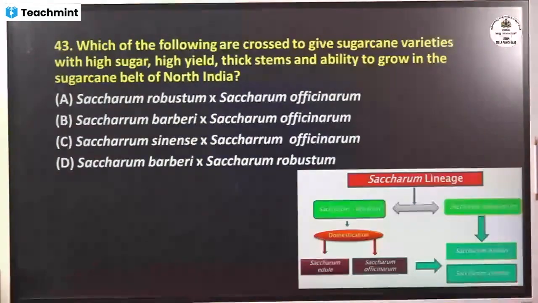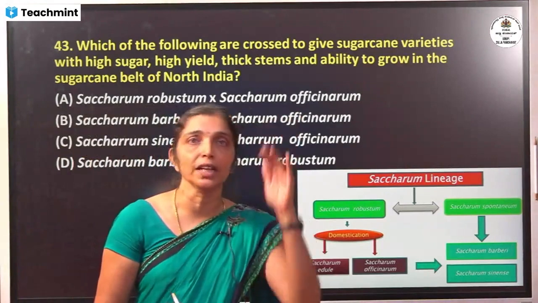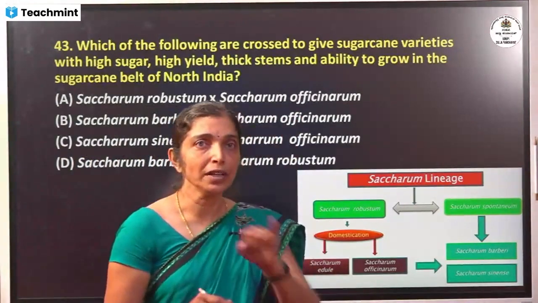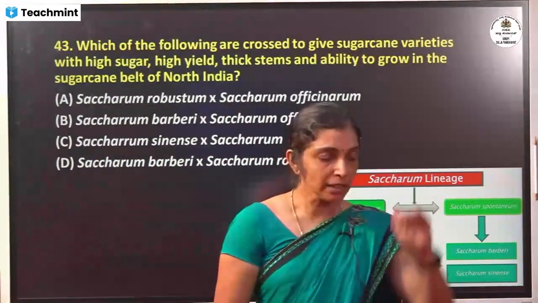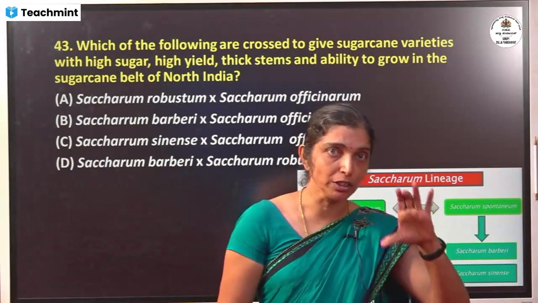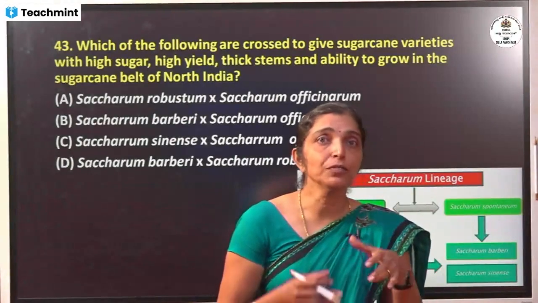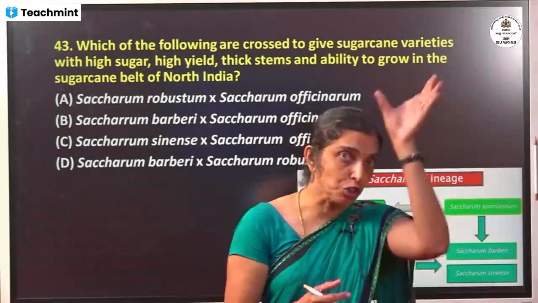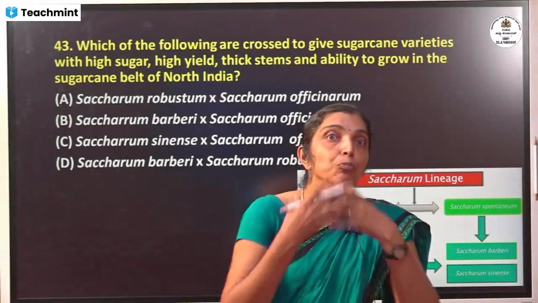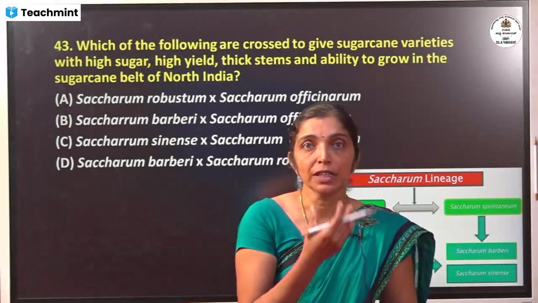Basically, we have two main types of sugarcane, the North Indian variety and the South Indian variety. One is very thin and tall, but the sugar yield is less. The other is a dwarf one with shorter internodes, thicker, but with more sugar content.